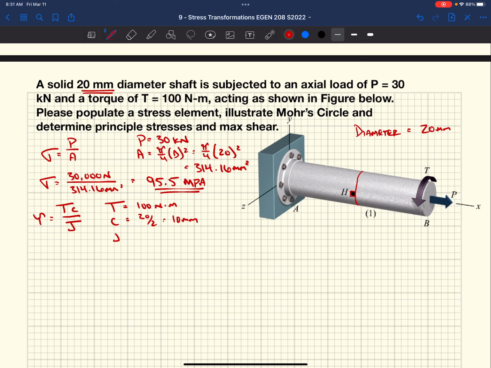And J, as we know, I gave you all the equations for the polar moment of inertia for both a pipe and a solid shaft. It's pi over 32 d to the fourth, or in this case, 15,708 millimeters to the fourth.